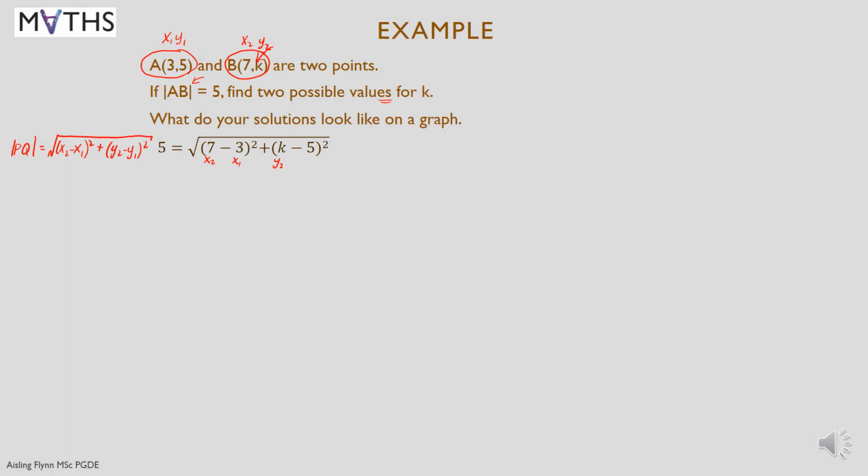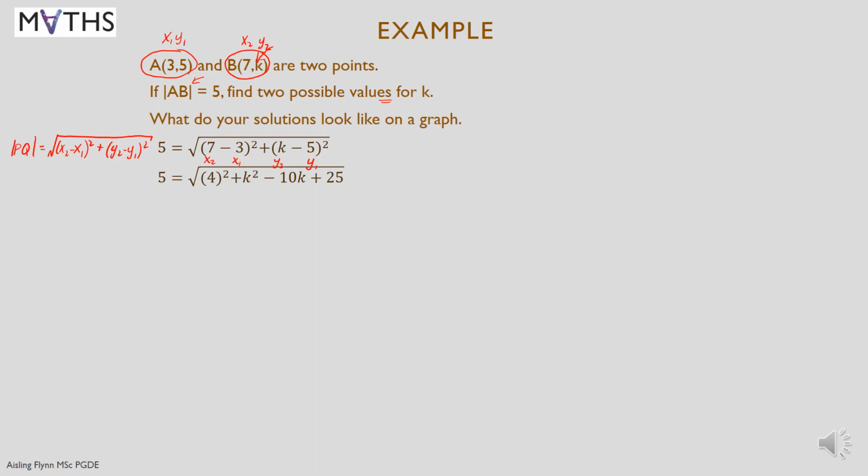Put in k instead of y2 and we'll figure out what happens after that. And y1 is 5. So we've substituted correctly into the distance formula. Now we're going to work with it as best we can and see, can we figure out what k is. It is the only unknown variable in the equation now, so it should be possible to solve.